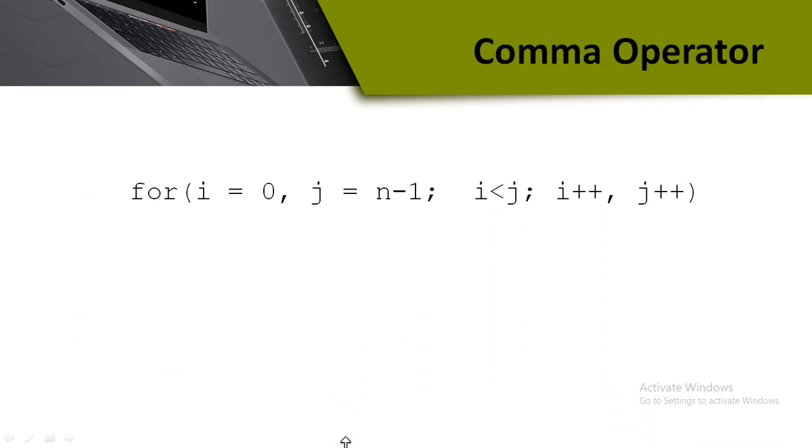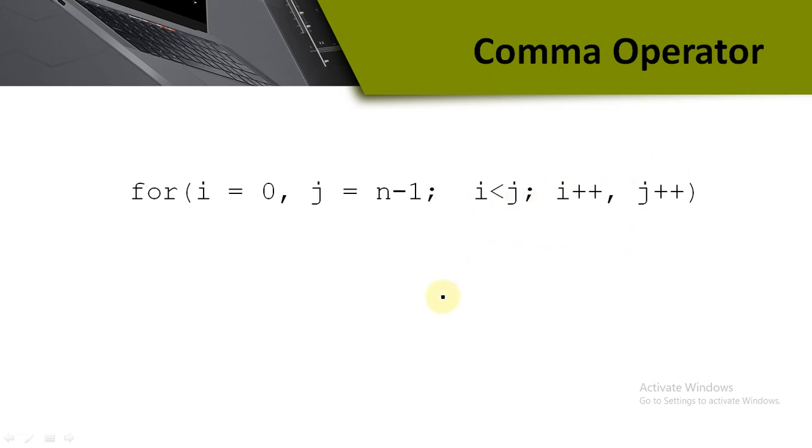There is a comma operator that is being used. See here, the two variables i and j are initialized with different values, and here they are both incremented. This comes in a typical for loop, and here we use a comma because we are initializing two variables, and once again we are incrementing two variables, therefore we use a comma.